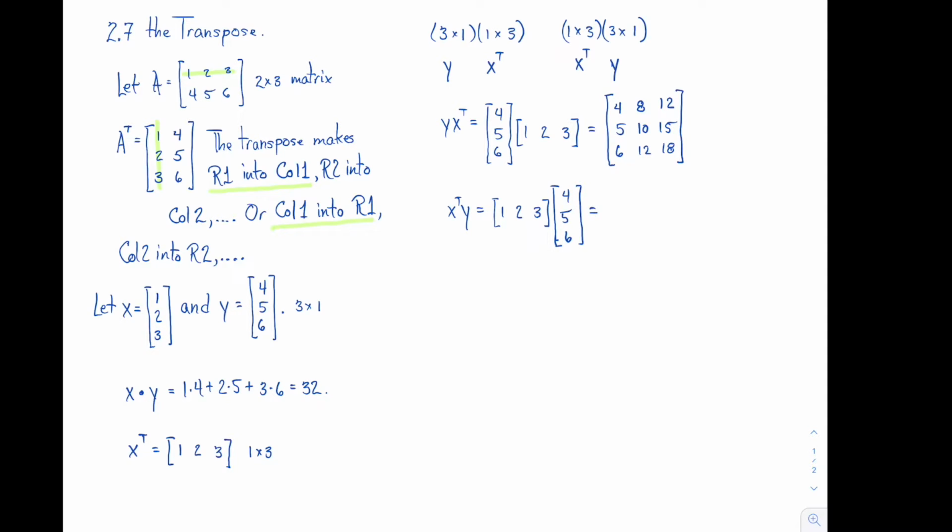We're going to take row 1 with the column. Well, what is that? That's just going to be a 1 times 4, a 2 times a 5, plus a 3 times a 6. Well, wait a minute.